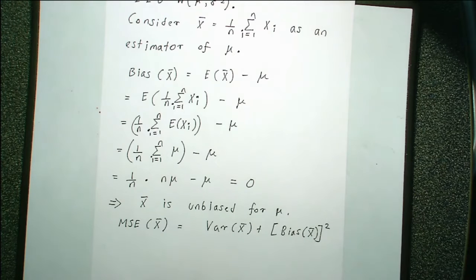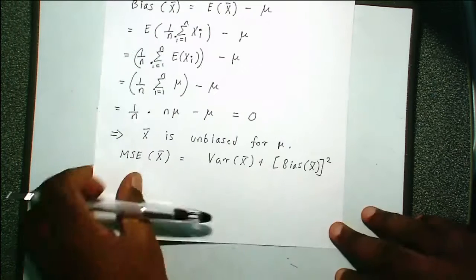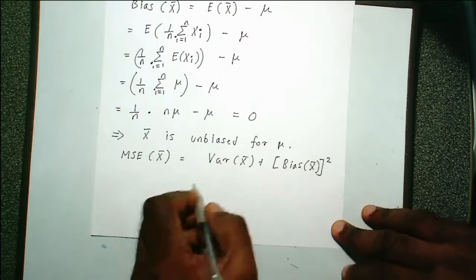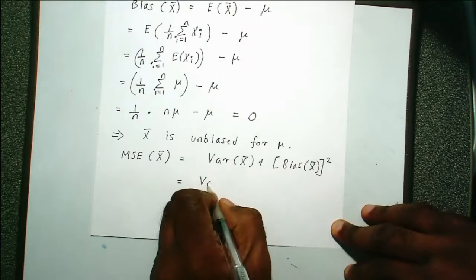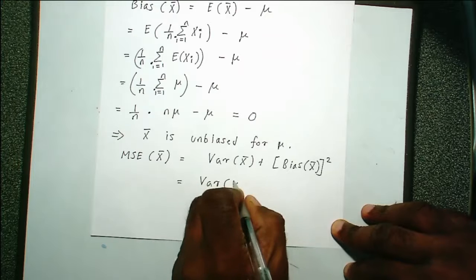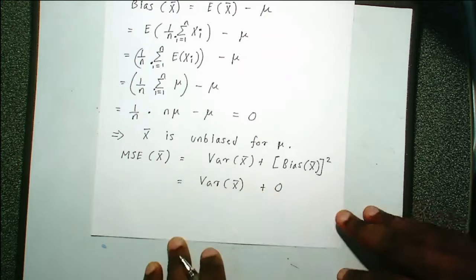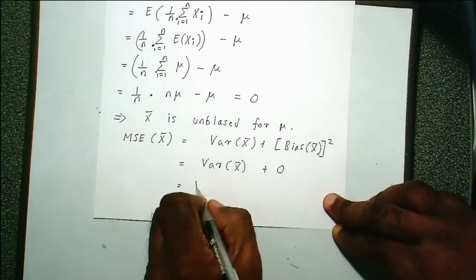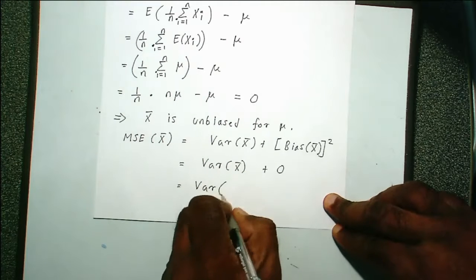This is property number 1, I just mentioned. Right, the bias is 0. So this is simply the variance of x bar plus 0, right?